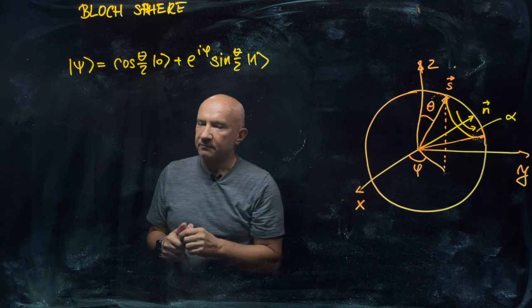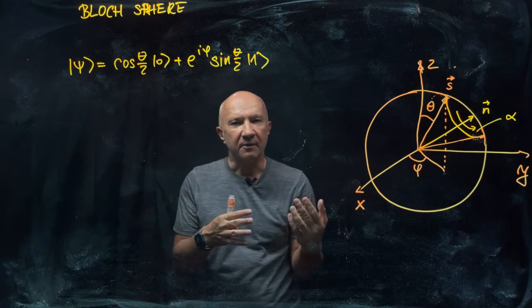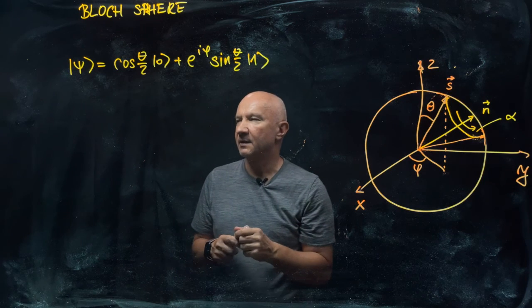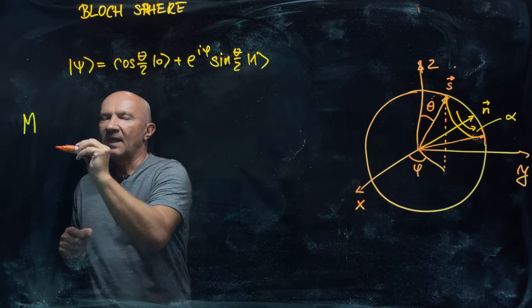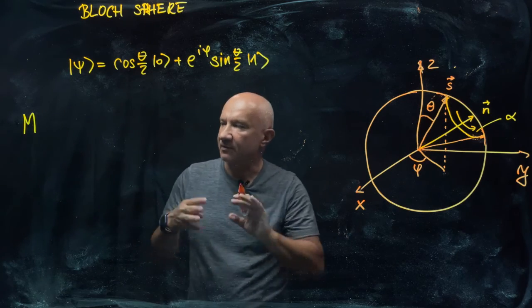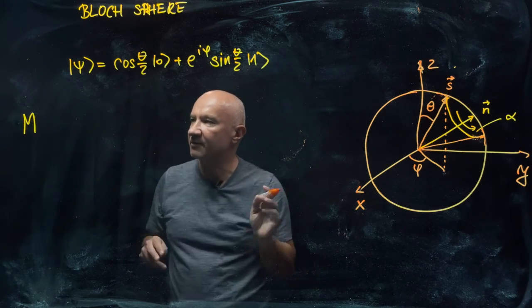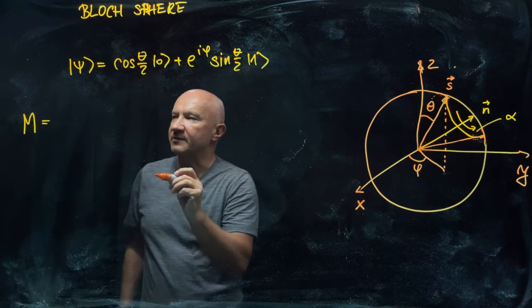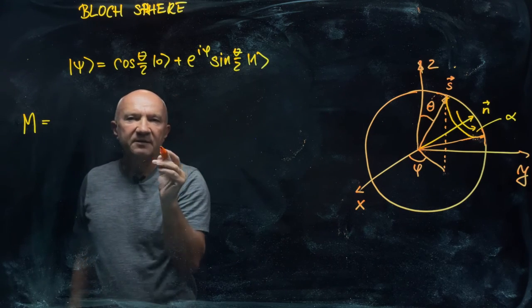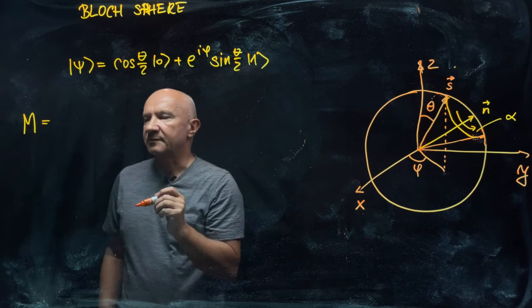Now, when it comes to unitary operations on a qubit, let me first mention that any matrix, doesn't matter whether it's unitary, Hermitian, whatever, any 2x2 matrix in this case, can be conveniently decomposed in the Pauli basis.